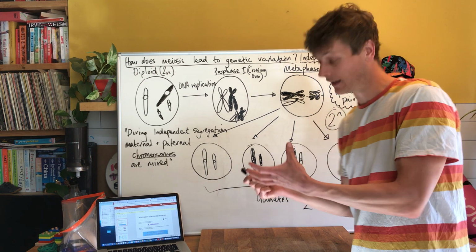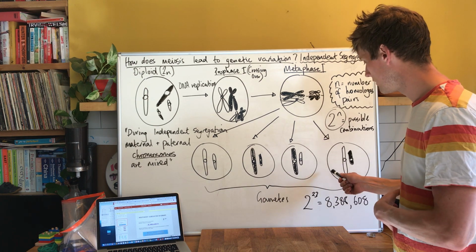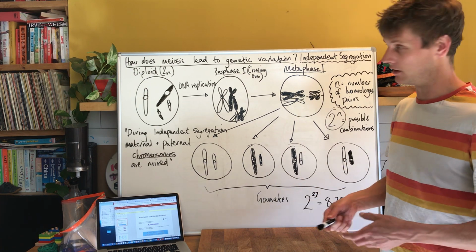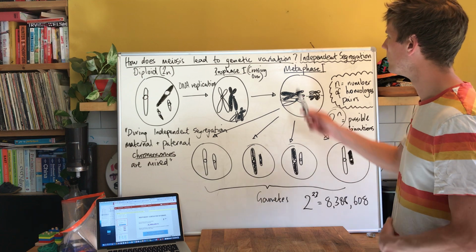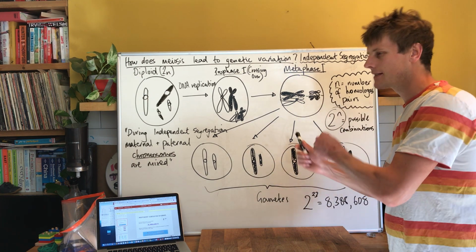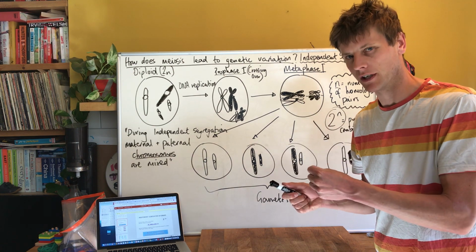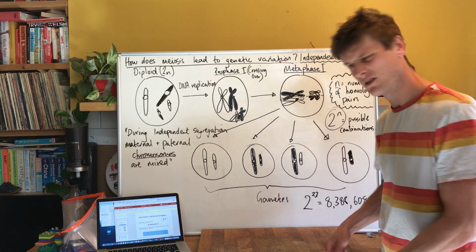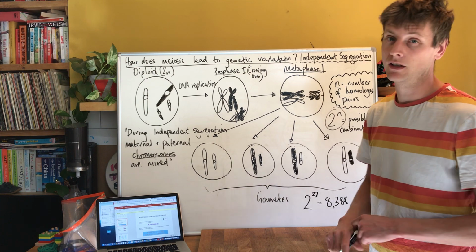Random fusing of those gametes during fertilization is another reason why the genetic variation increases. That's slightly separate to meiosis. Meiosis produces the gametes, fertilization obviously happens afterwards.